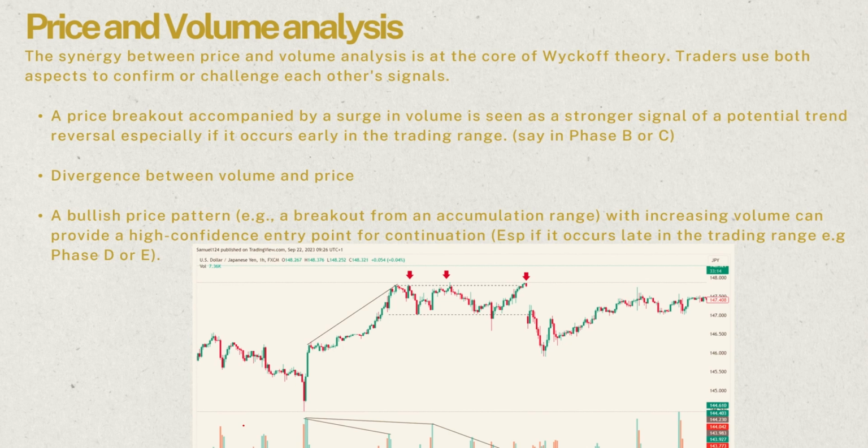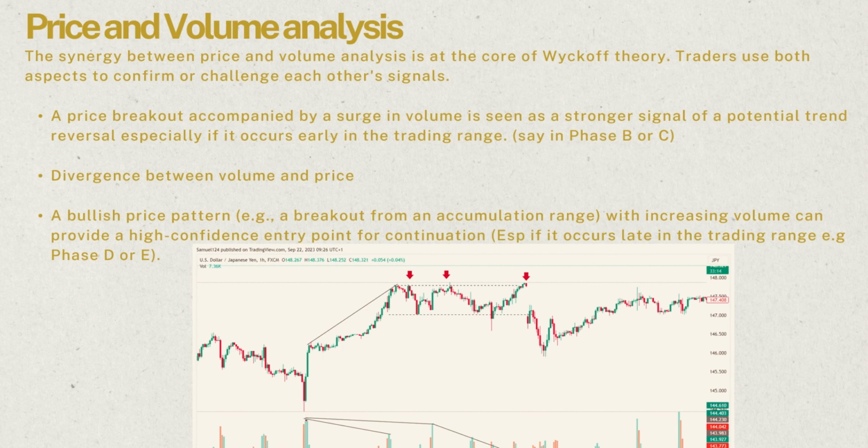A breakout accompanied by a surge in volume is seen as a strong signal of a potential trend reversal, especially if it occurs early in the trading range, say in phase B. Okay. Now, you could see there is a trading range, though my screen is not covering the entire chart, but please bear with me.